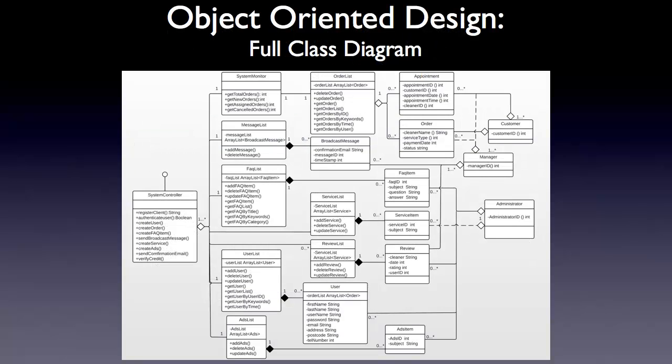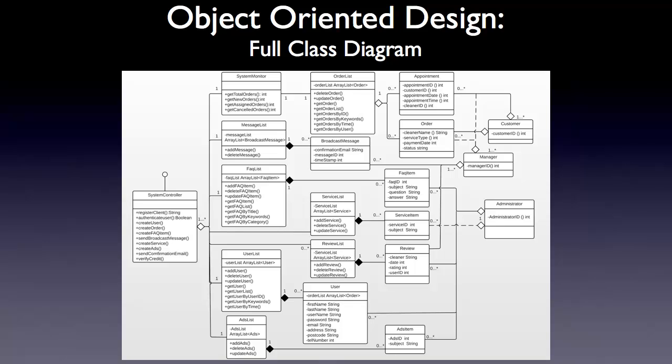Here is the class diagram. The circle at the top of the system controller represents the user interfaces to the system. As is seen in the class diagram, most classes have a list class associated with them, which will store respective class objects in a Java container.